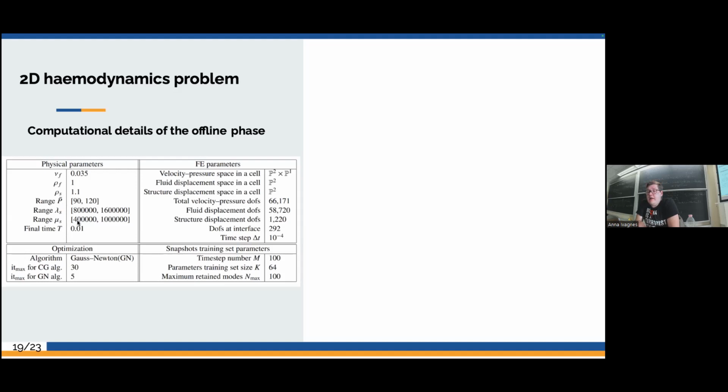I would also like you to notice that the structure and the fluid densities are almost the same, and I will explain why this is important later in the talk.